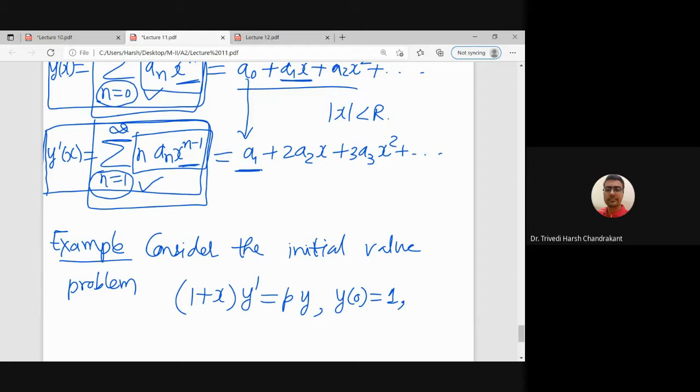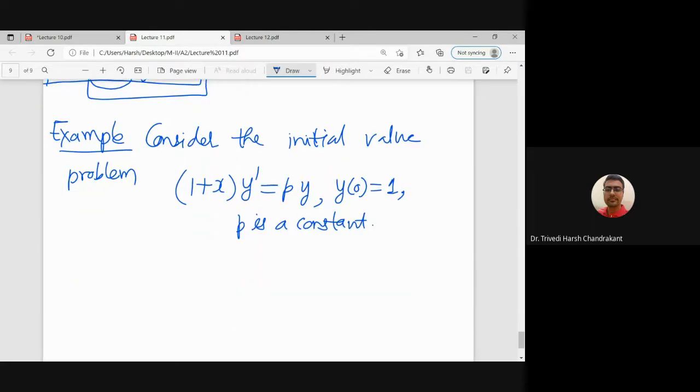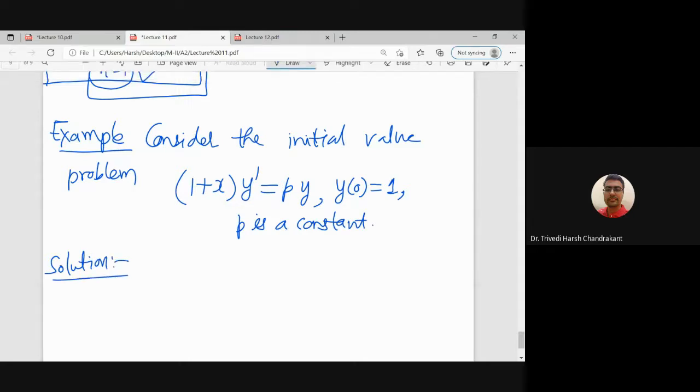And what is p? p is a constant. So now we'll see what we mean by power series method. So we are given this first order differential equation. We want to find its solution y(x), and that solution is satisfying this initial condition.